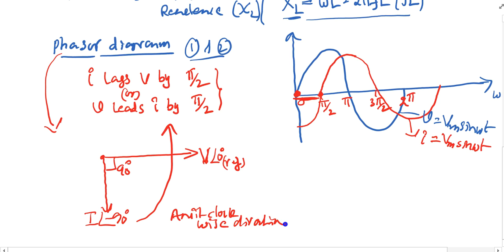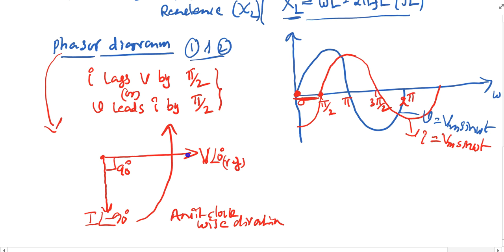Therefore, if you take this voltage as the reference quantity, the vector rotates in the anti-clockwise direction, so the current vector is always lagging by an angle of 90 degrees with respect to the voltage. That is the concept we need to understand here.